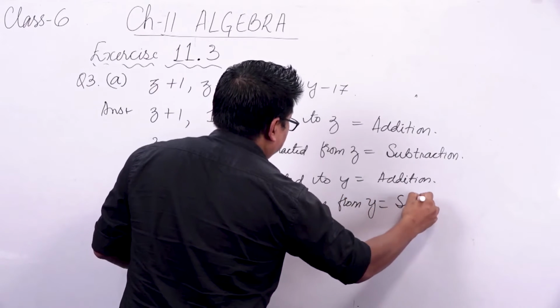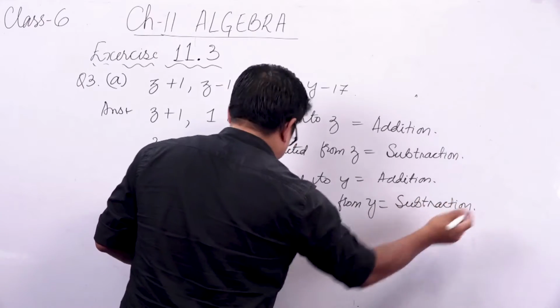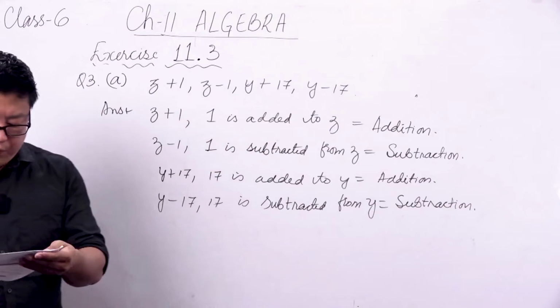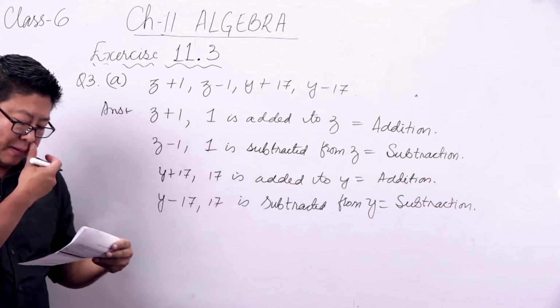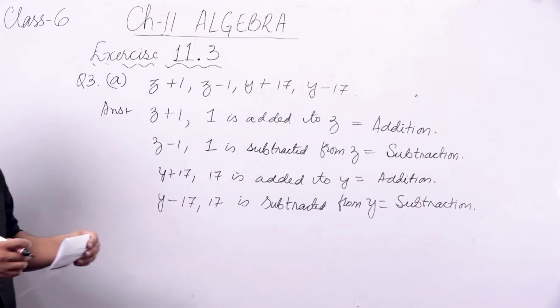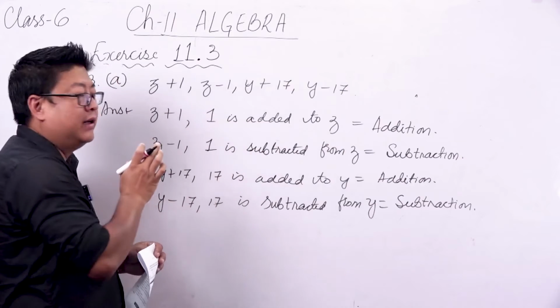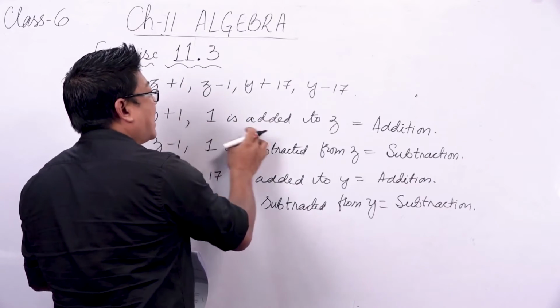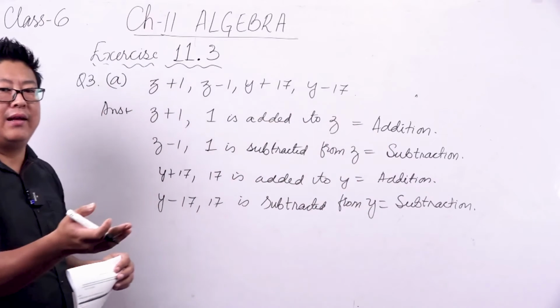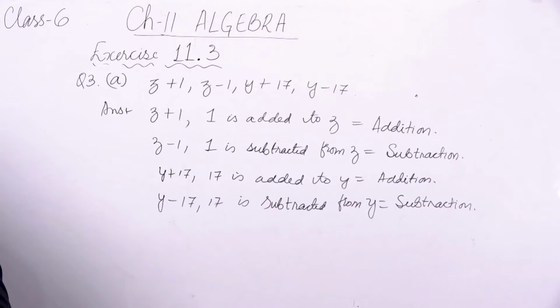So here, subtraction is taking place. So this is all about identifying the operations that are happening and how the expressions are being formed, okay? All right, so this is how you read. Z plus 1 is simply 1 is added to z, or z is added to 1, all right? Let's move on to the next question.